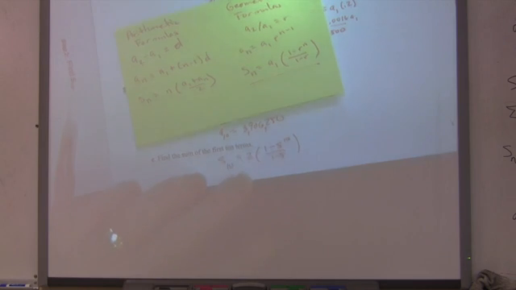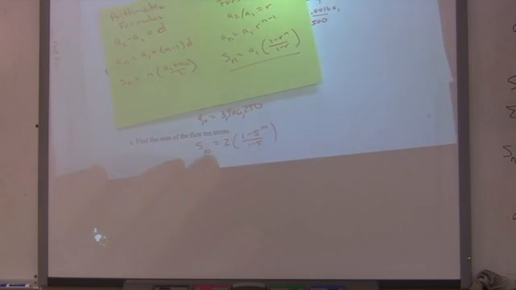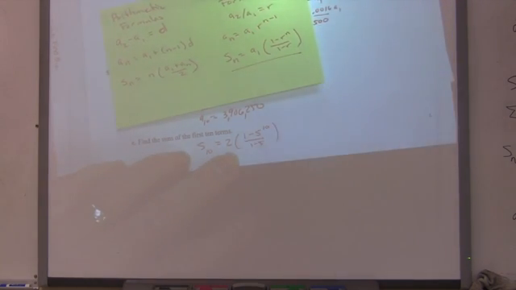So if I do this on the calculator, we have 1 minus 5 to the 10th, which gives us a negative 9,765,624.